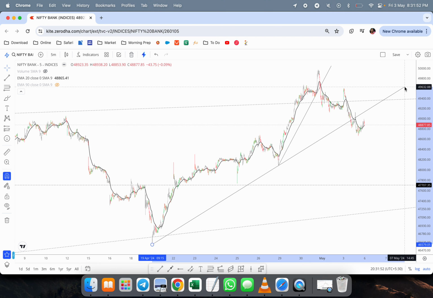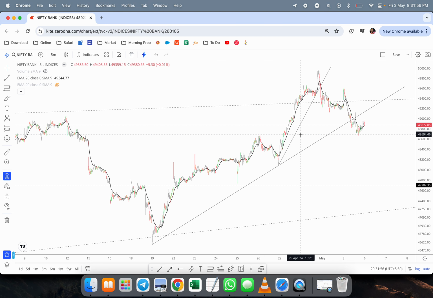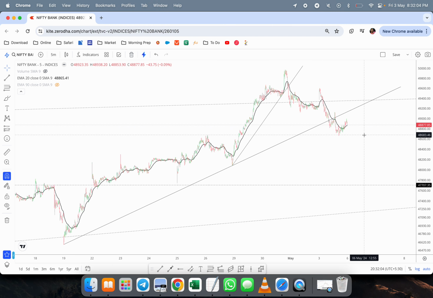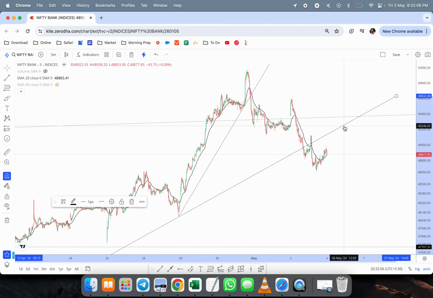So whichever way we draw this trend line, this trend line and this trend line broke here significantly. This longer term trend line has broken here significantly. Okay, condition number 1 has been met.